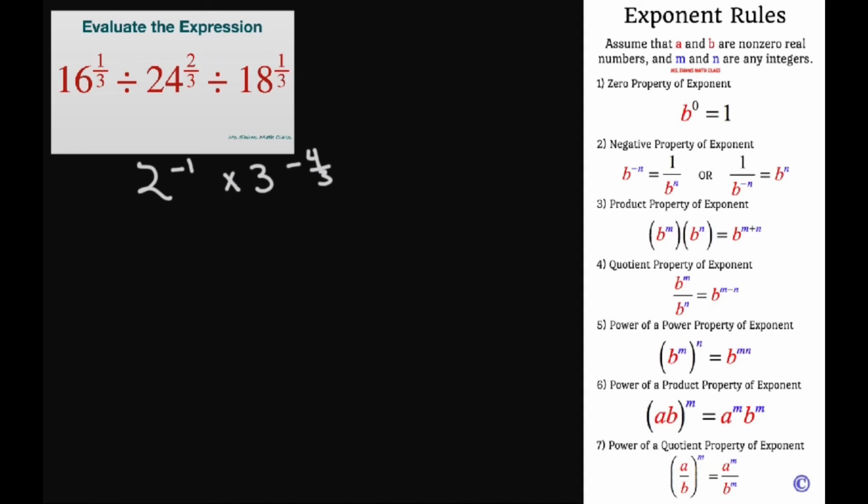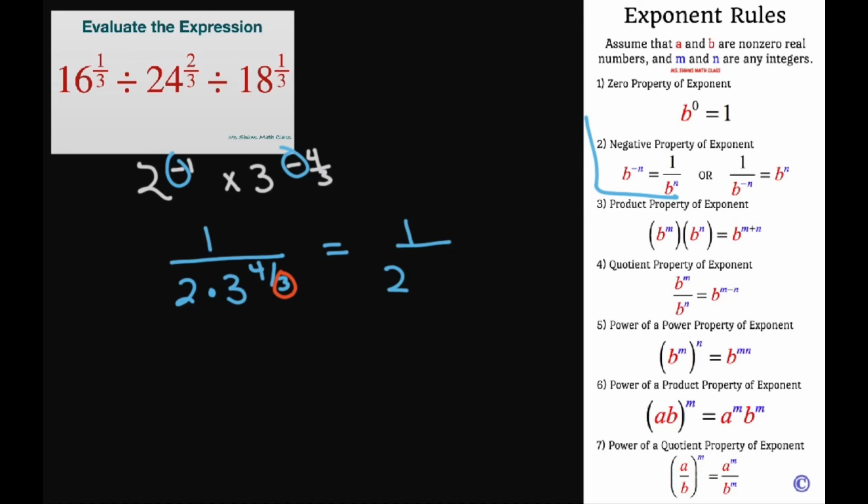So basically, they're both negative. So using your negative properties, that's going to be 1 divided by 2 times 3 to the power of 4/3, which can simplify to 1 divided by 2. Now this is your root. So we're going to do cube root of 3 to the power of 4.